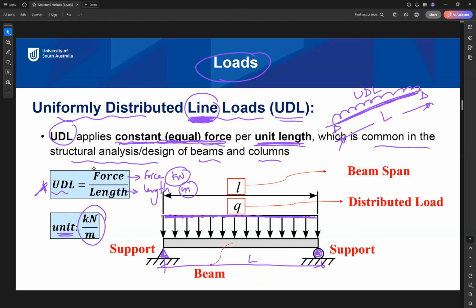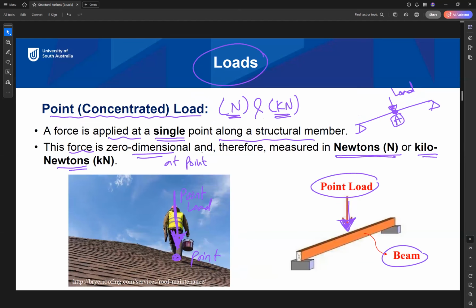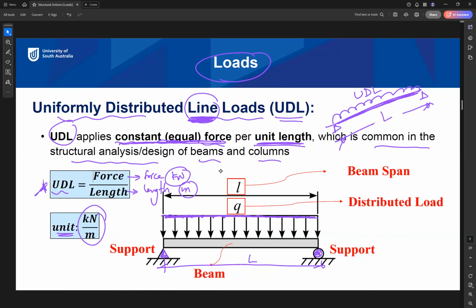Kilonewton per meter. For point load it was kilonewton and newton. Here it can be kilonewton per meter, newton per meter or newton per millimeter, but it is force over a distance, or over a length. So this is the uniformly distributed line load.